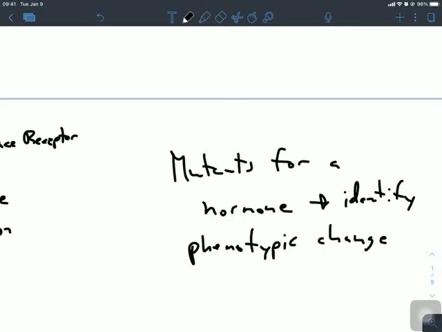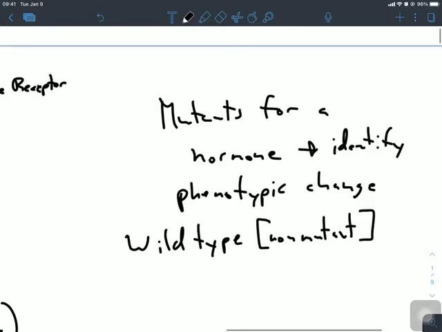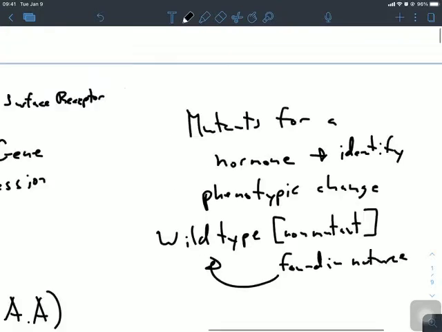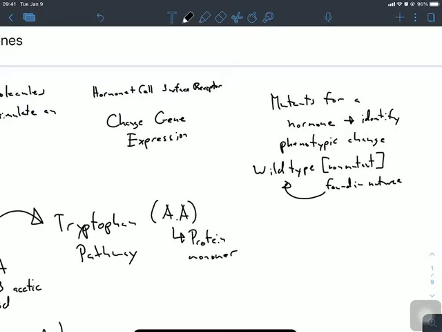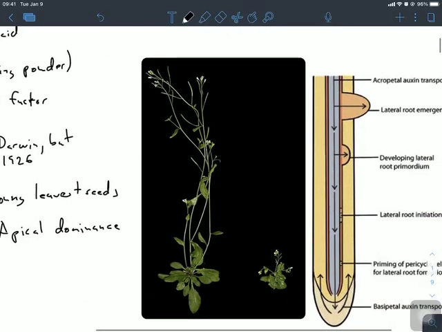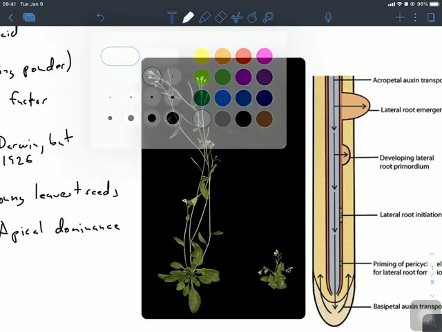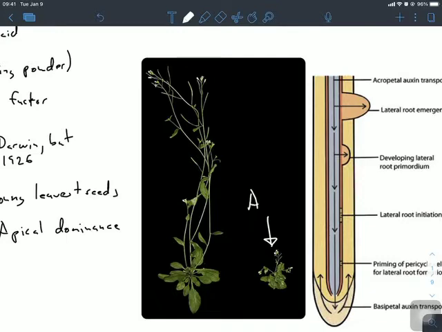Or if we want to understand auxin as a growth factor, we might grow a wild type, meaning a non-mutant plant, something that you would find in the wild, and compare it to our mutant. And this is actually what you see in this panel right here. On the right side, we have an auxin mutant.